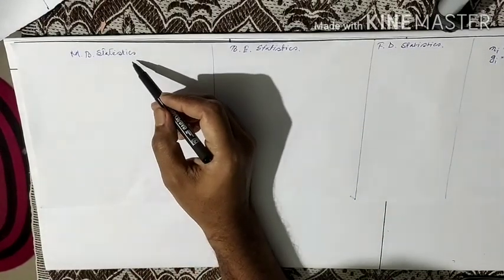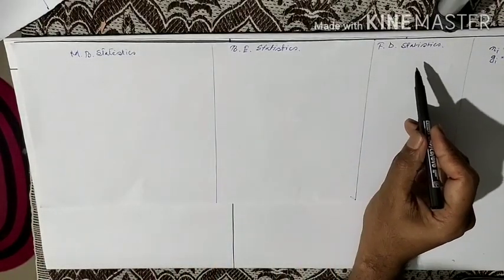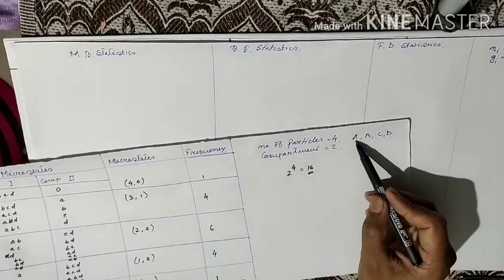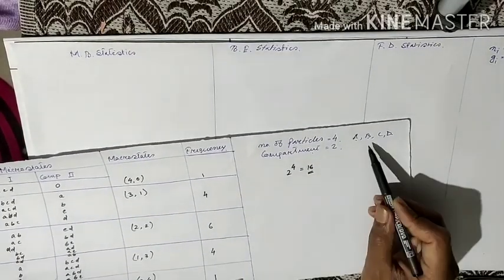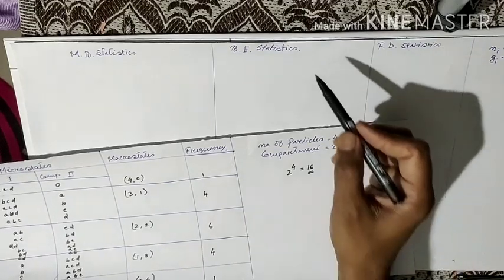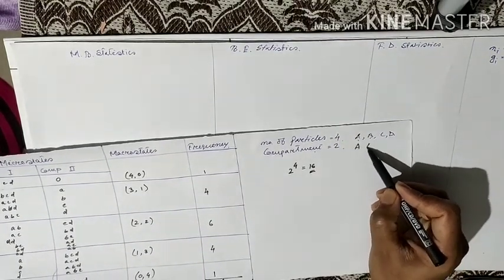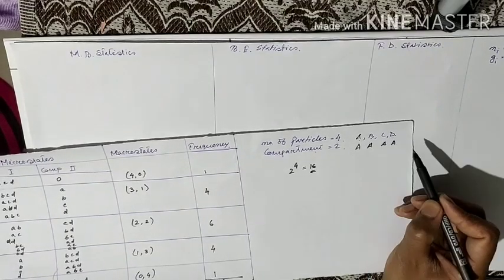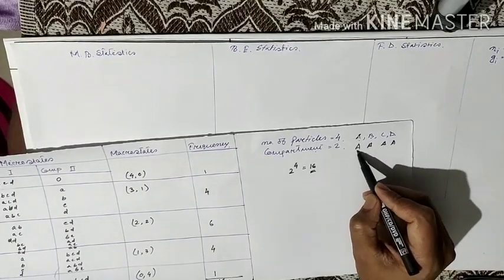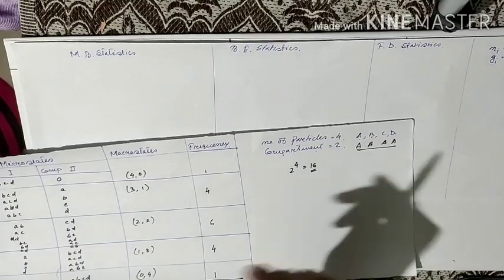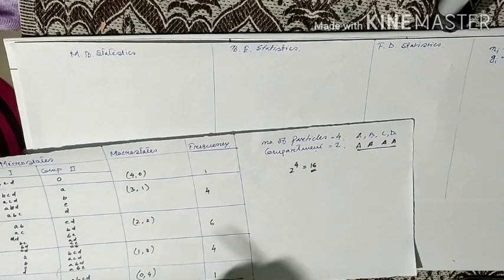This is distinguishable and these are indistinguishable. So here we consider these are distinguishable, A, B, C, D. But in Bose-Einstein statistics and Fermi-Dirac statistics, I have to consider A or B as the same, because these are indistinguishable.